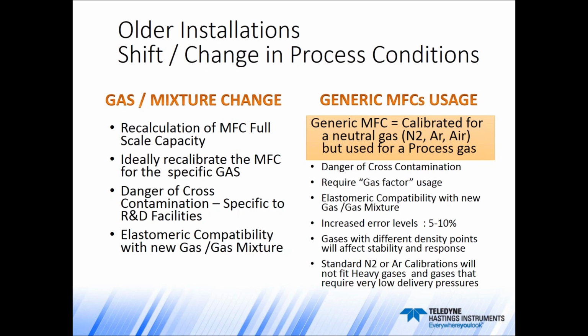Although conversion factors are available for these gases, due to the chemistry of the gas and their molecular mass, the actual error that you will experience versus using a mass flow controller calibrated for that specific gas, helium or hydrogen, will reach these levels of 5 to 10% error.